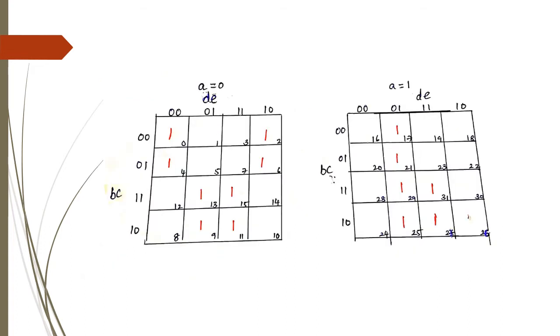This is how it looks after putting the cells. Now if you check, 13, 15, 9, 11 and 29, 31, 25, 27 can be grouped together. I can take this as the first grouping. How many cells am I grouping together? 8 cells.